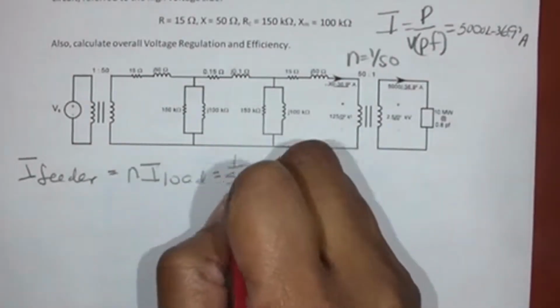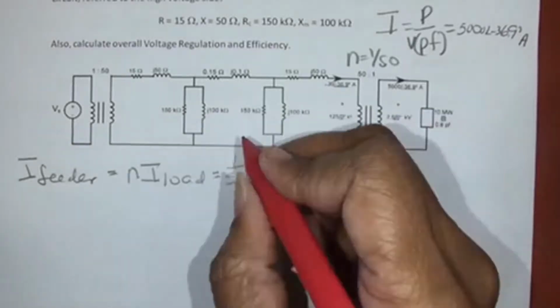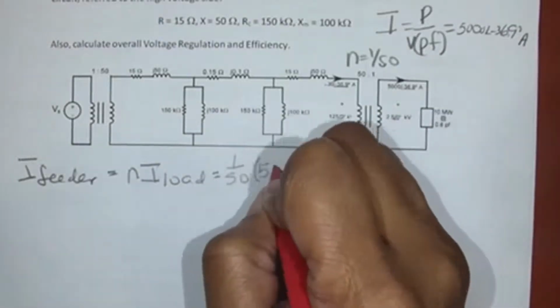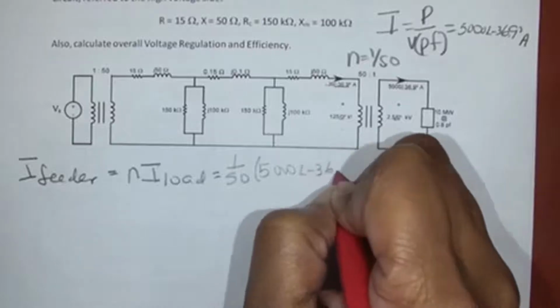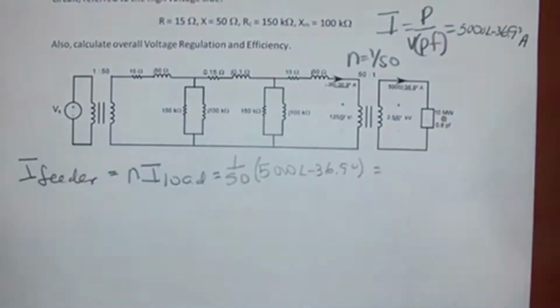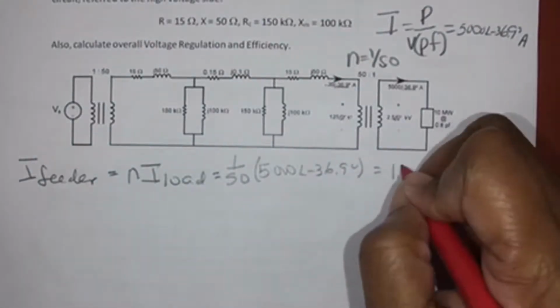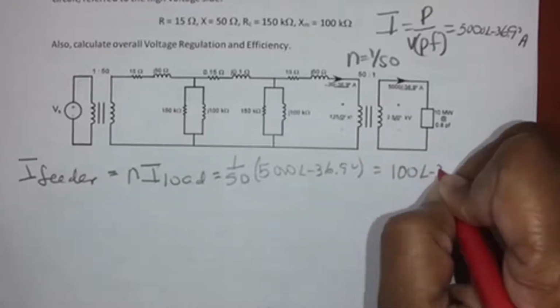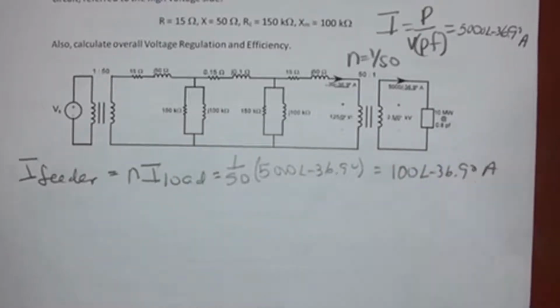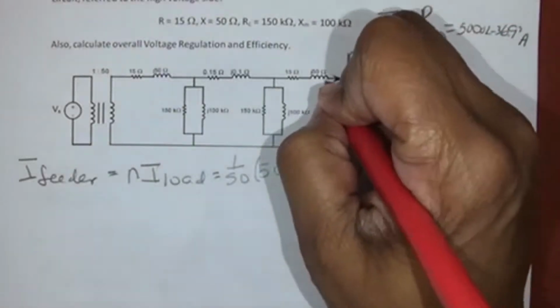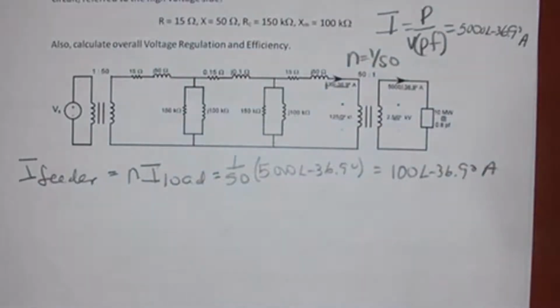So this is 1 over 50 times 5,000 with an angle of negative 36.9 degrees, which becomes 100 with an angle of negative 36.9 degrees. That is also already labeled on here because we've done that before.